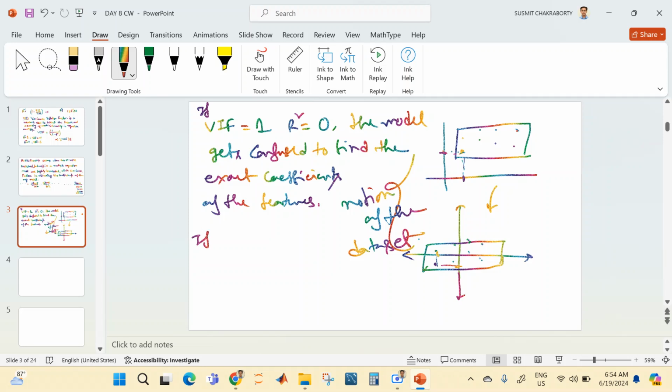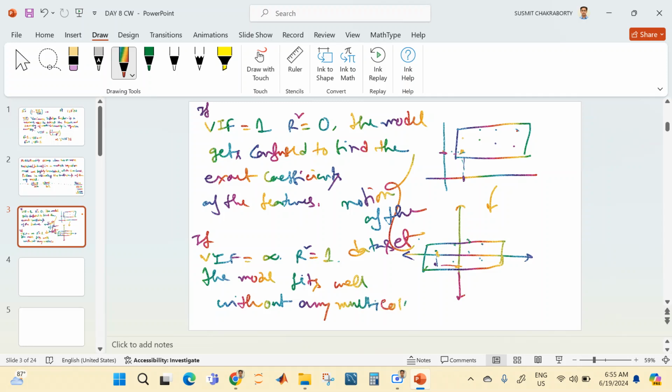If VIF equals infinity, that means R square equals 1, and the model fits well without any multicollinearity in the data set.